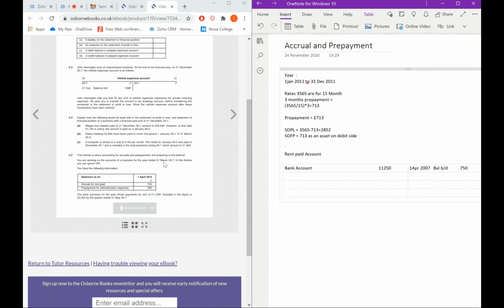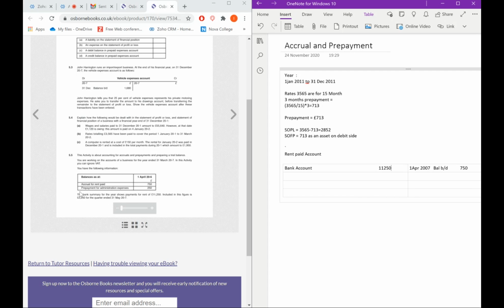The year ended on March 2007. It means it has got some figure paid in advance, right? At the end of the year, there is an advance payment of 2,250. So this is basically the closing balance brought down, closing prepayment.